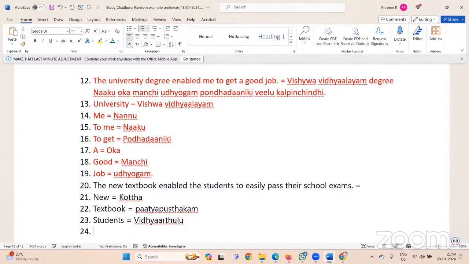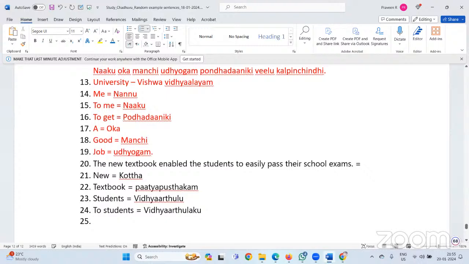But as per the sentence structure, we are using the meaning like to plus object. Okay. To students means Vidyardhulaku. To easily pass. Okay. To pass means we can say pass kavadaniki.